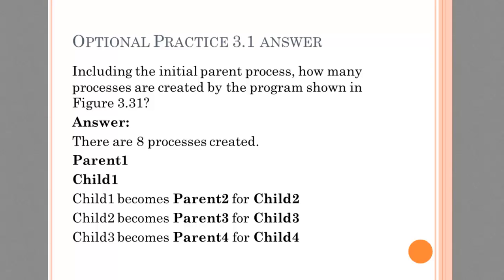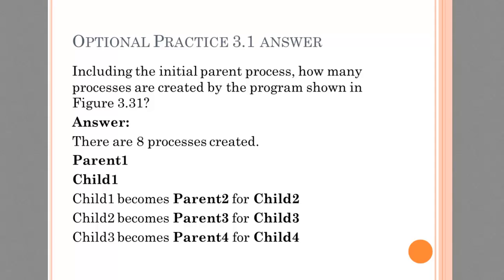So you have your parent 1, and then child 1 is created, the first call through the fork. But then the next call for that fork, that child 1 also becomes a parent. So then it's considered another process. Then when that fork is called again, child 2 becomes a parent, and then when it's called again.